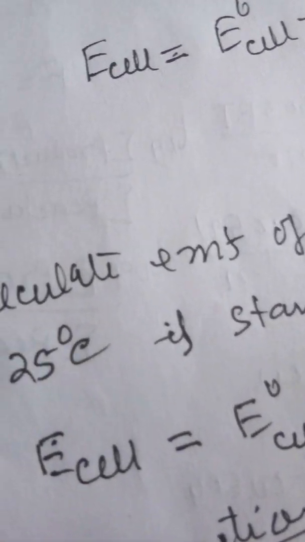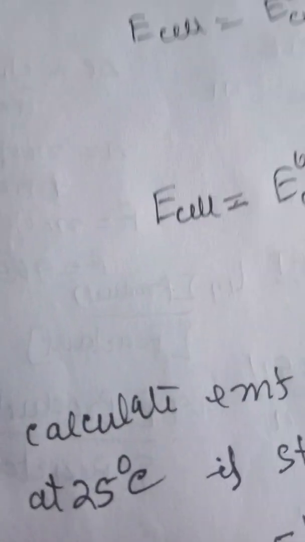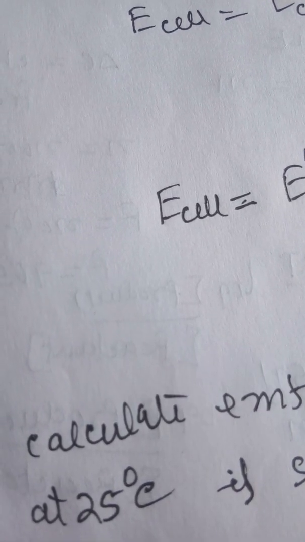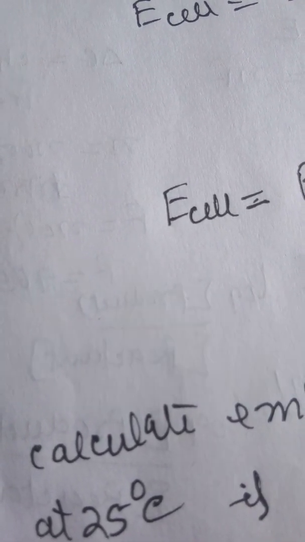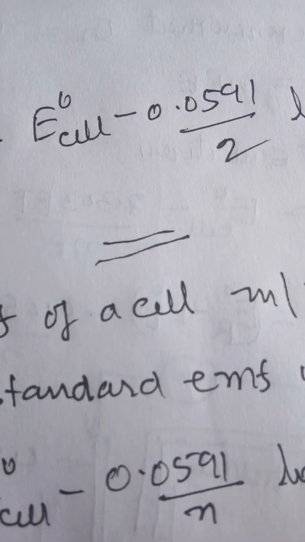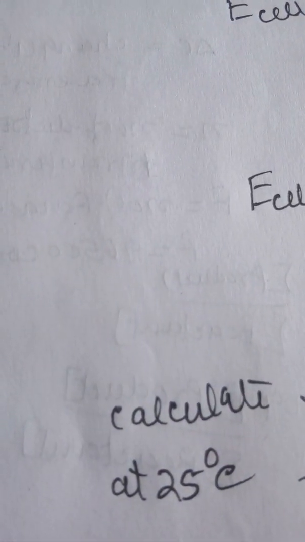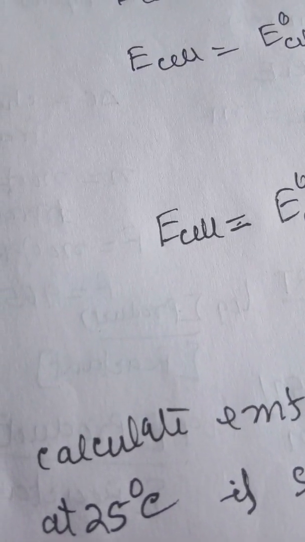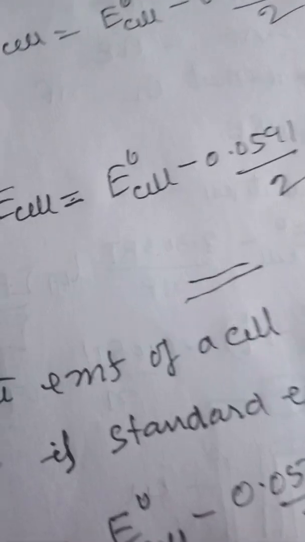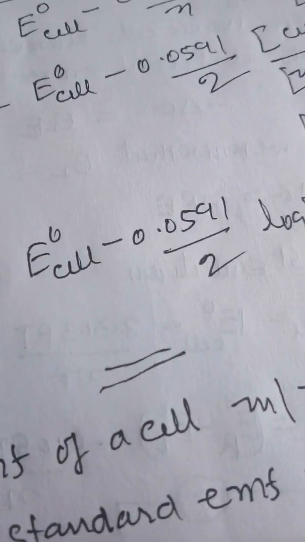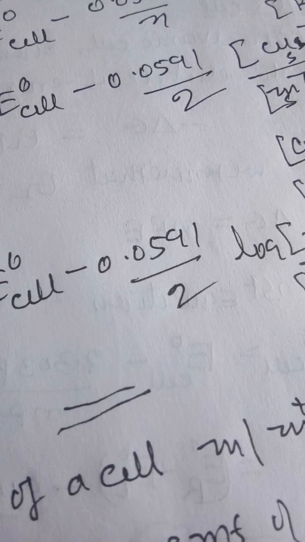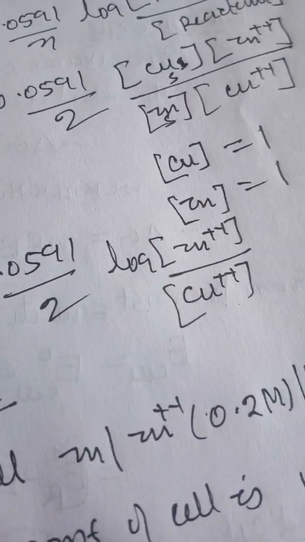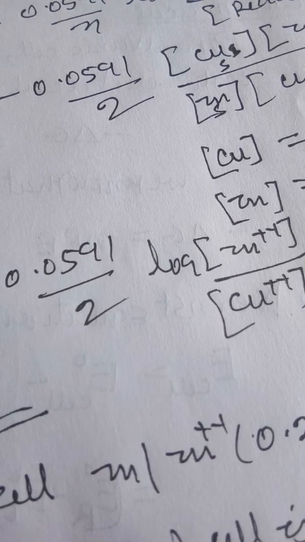Here 2 electrons are removed, so you have to take 2 silver ions and 2 electrons, and you will get silver solid. So the overall reaction will be zinc plus 2 Ag ion equal to zinc ion plus silver solid.